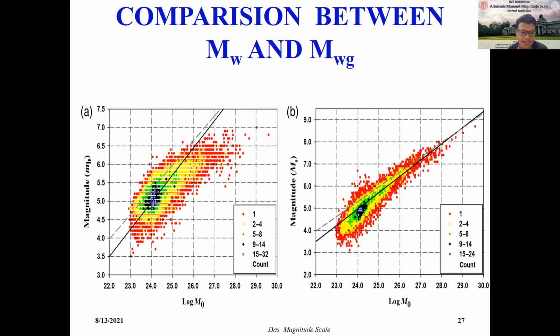Our scale is very closely connected with the Ms magnitudes. In case of mb, our scale is very closely connected when less than 5.5 in body wave magnitudes.